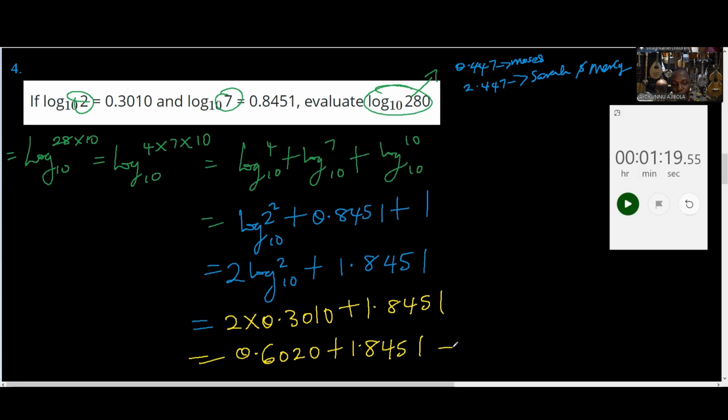So our final answer is going to be the addition of this: 2 times 0.301 is 0.6020, plus 1.8451. That will be 2.4471.